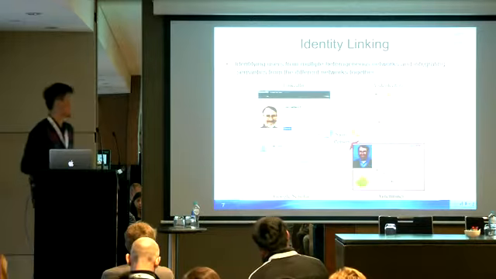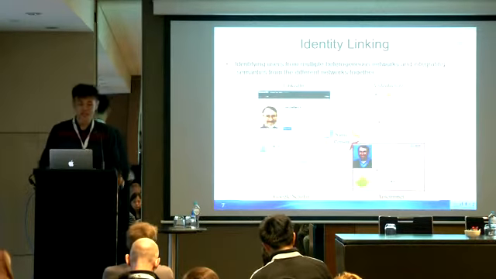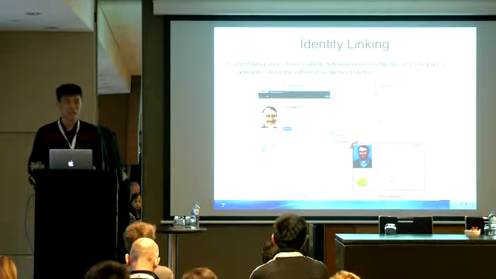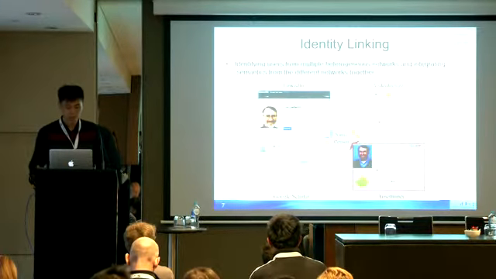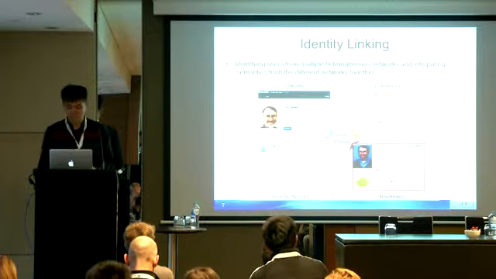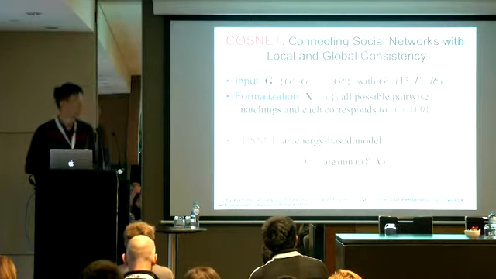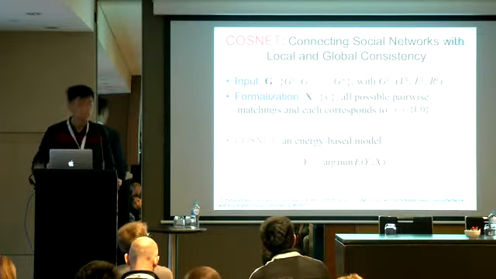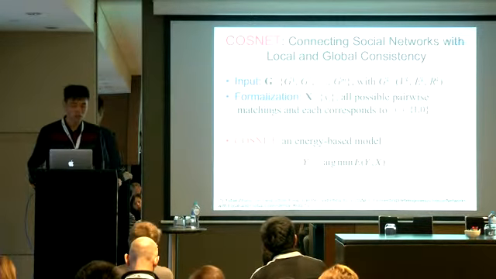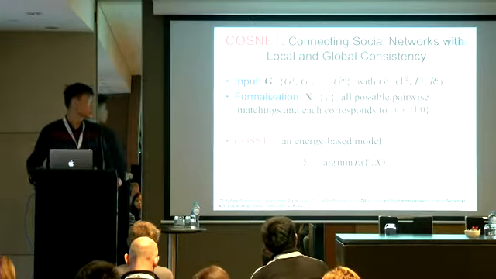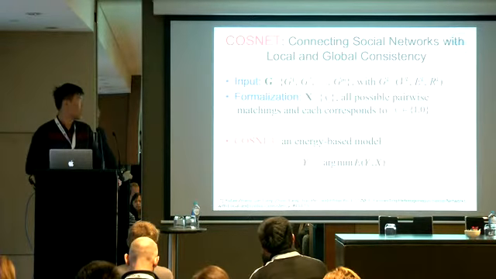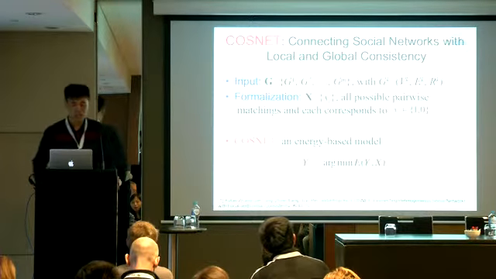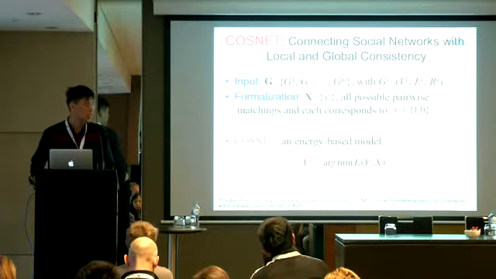We refer to this problem as identity linking. The problem is we want to identify users from different social networks and integrate their information together. Now let's formally define this problem. The input of our problem is a set of social networks, and each social network we represent as a set of vertices V and a set of edges E. Each vertex is associated with a set of attributes.